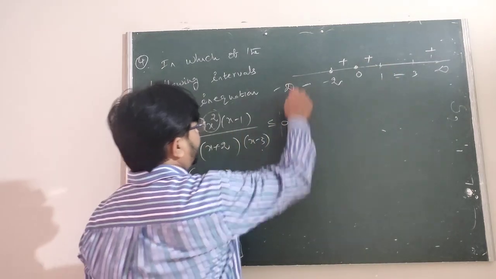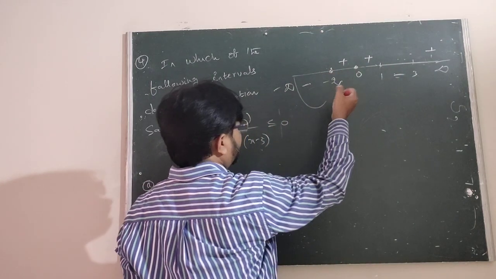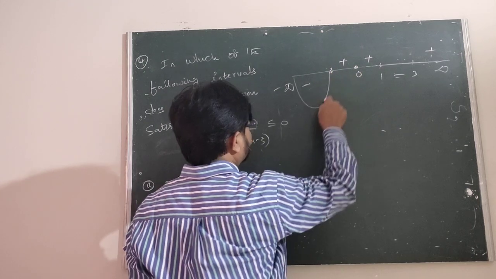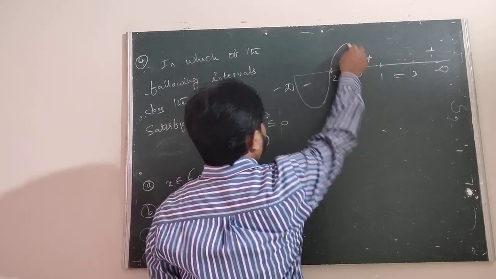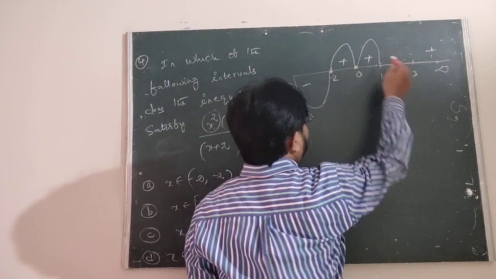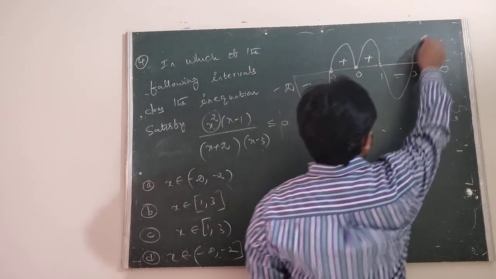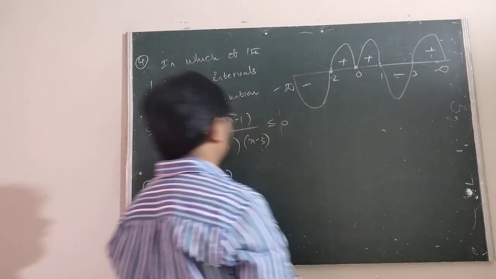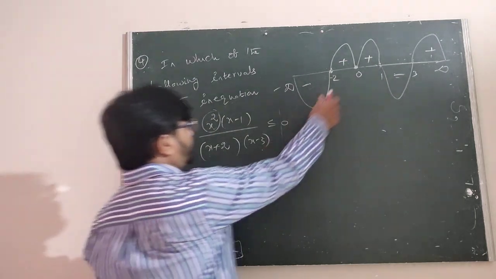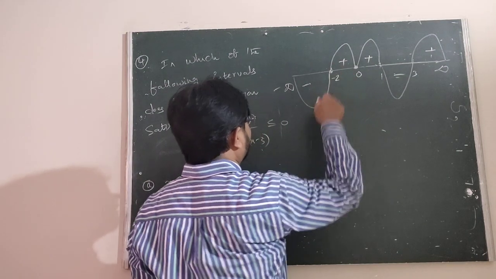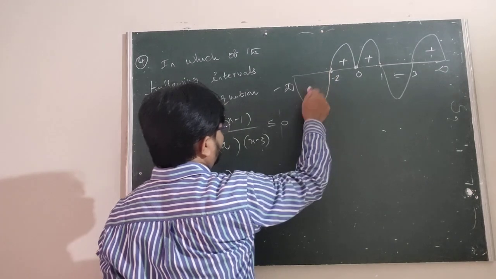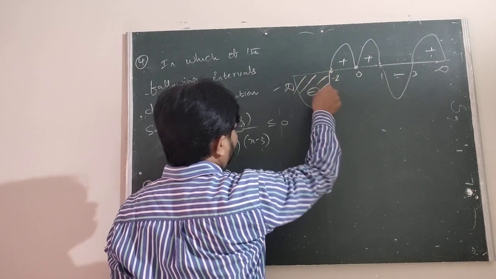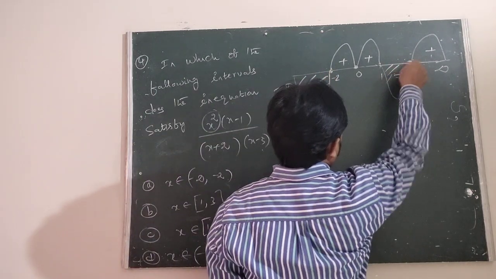Now less than or equal to 0 means negative. Therefore, this part and this part.